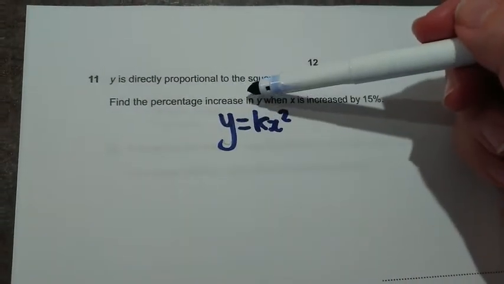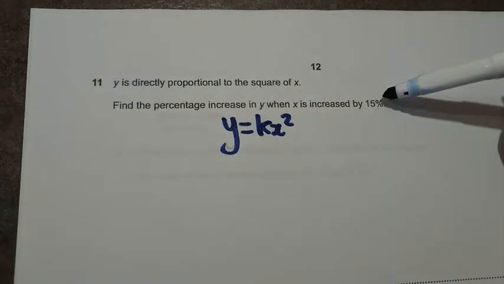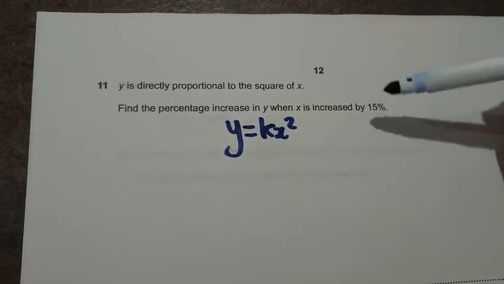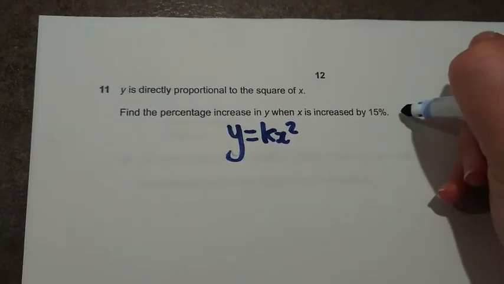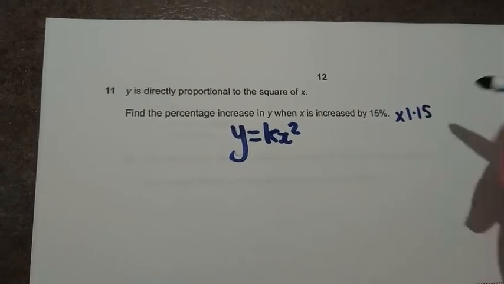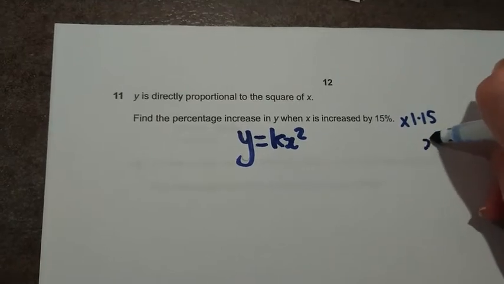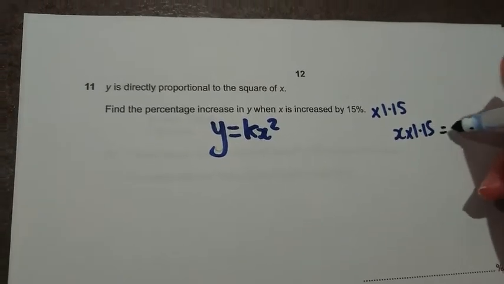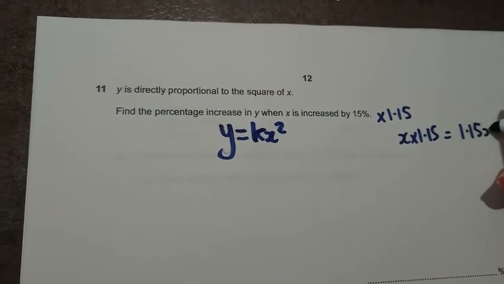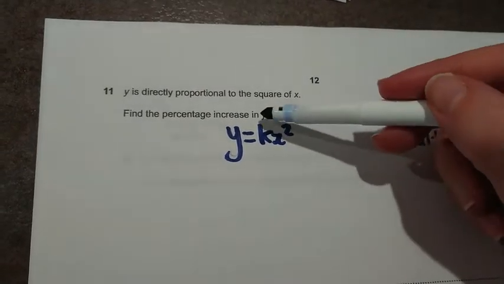We've got to find the percentage increase in y when x is increased by 15%. Now, when you increase something by 15%, that means you times it by 1.15. So now x has been times by 1.15, which is the same thing as 1.15x. We've got to work out how that affects y.